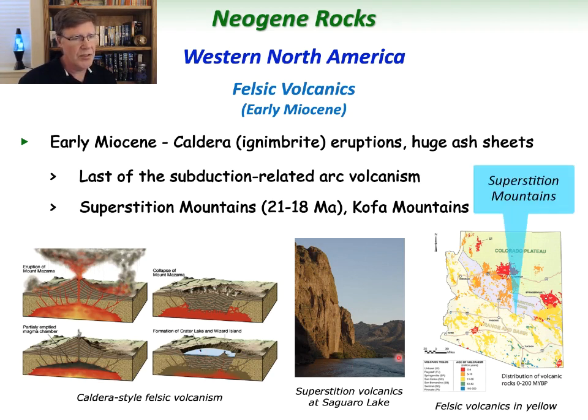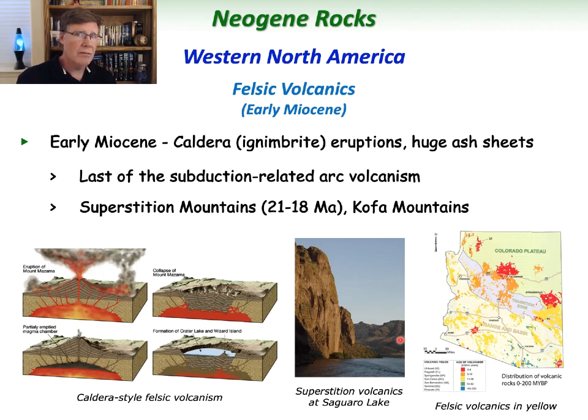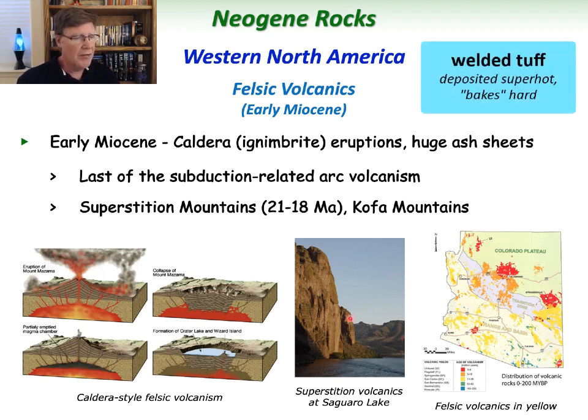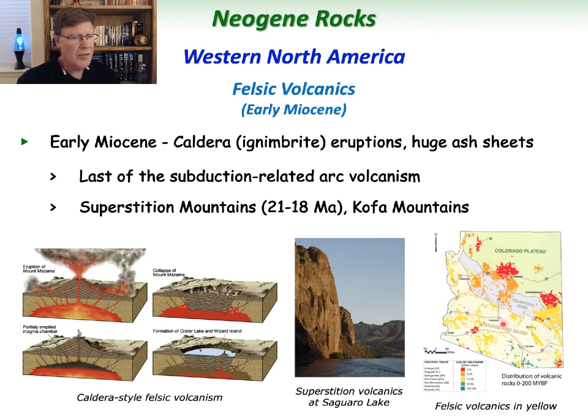That's the Superstition Mountains. Here's Saguaro Lake, and one of the cliffs here is formed from felsic volcanics. There's lavas and mostly ash. Some of it is welded, so you get things like welded tuff that are extremely resistant. All these yellow areas down here are either Eocene or Oligocene or Miocene in age felsic volcanics.